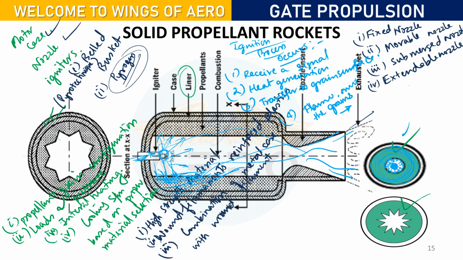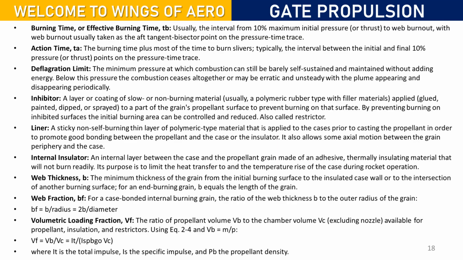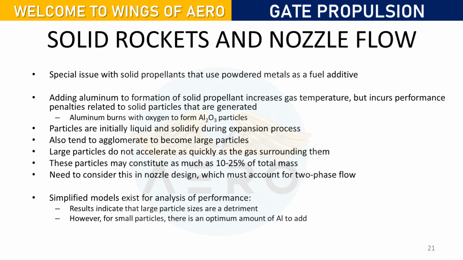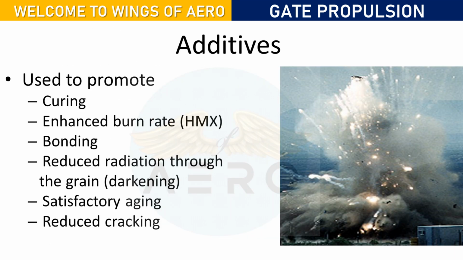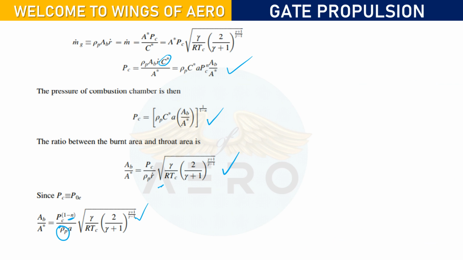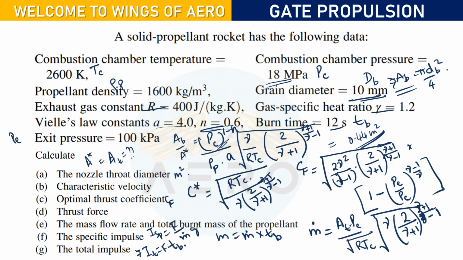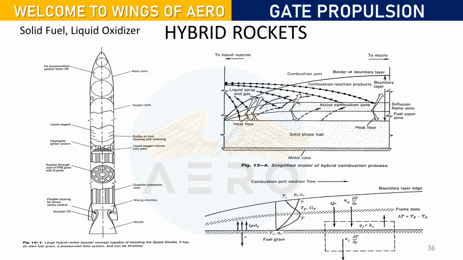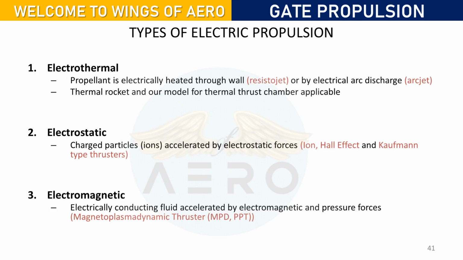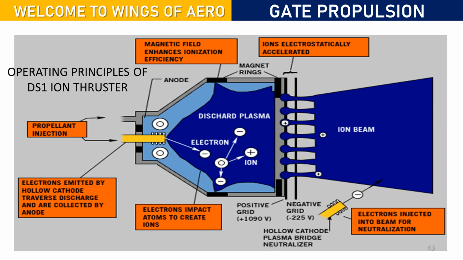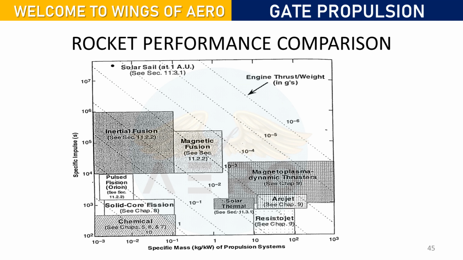We will see some of the solid propellants, the key factors, and some numericals on how to solve solid propellant problems, right? Then hybrid rockets and the electric propulsion system, its benefits, positive and negative facts. We will discuss that as well in the upcoming class.